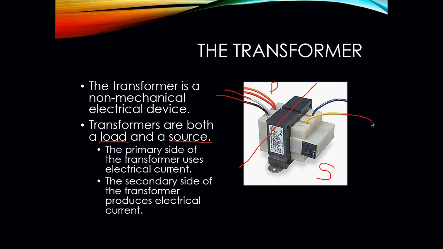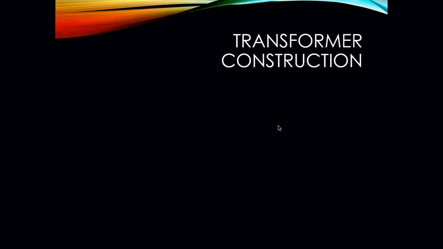This is the power that is actually going out of the transformer. Notice in the center of this device we have a gigantic piece of iron. It is this iron that does the magic in a transformer.